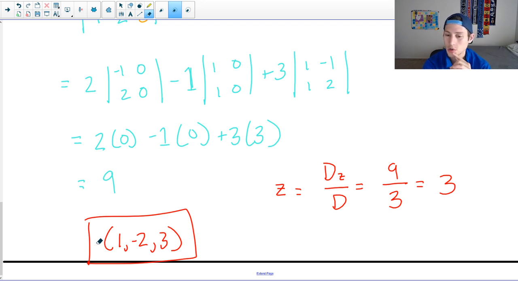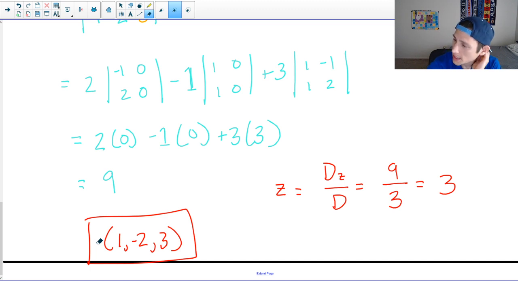You don't have a lot of control over which variable you're solving for. But Cramer's rule is excellent because maybe I don't care what x and y are. Maybe I just need to figure out what z is, or that's what the question asks about. Then I don't want to waste my time solving for x and y if I don't need to.